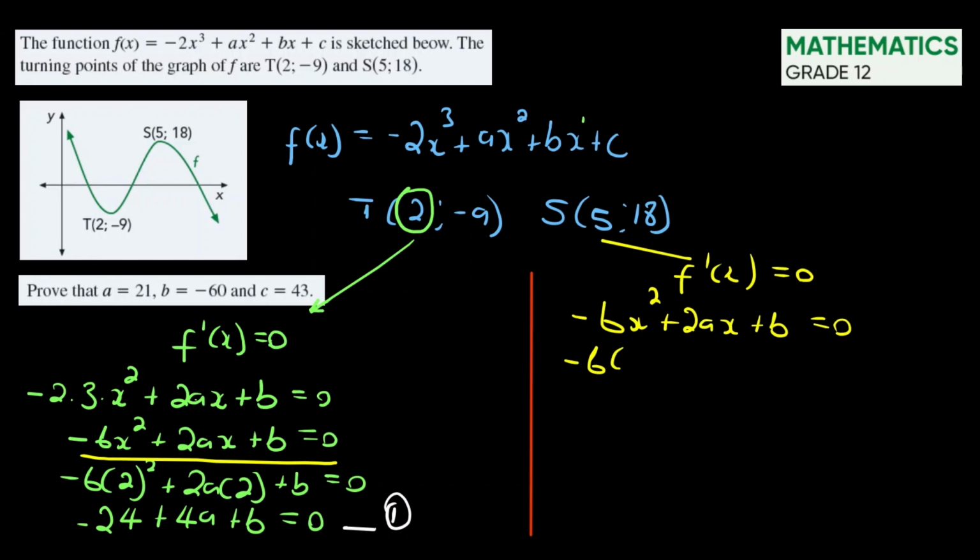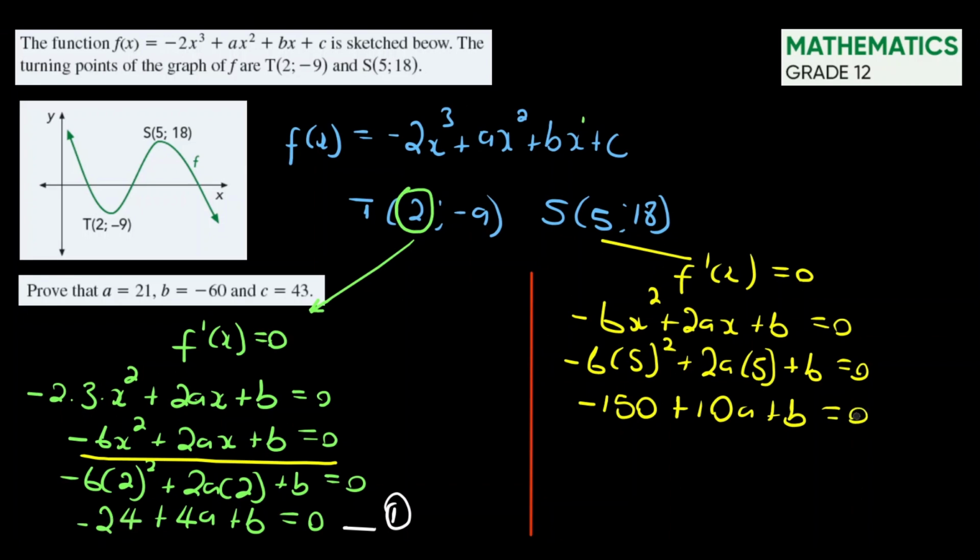We have negative 6 times 5 squared plus 2a times 5 plus b equals 0. So negative 6 times 25 should give us negative 150, plus 10a, 2 times 5 is 10a, plus b, equals 0. This will be our equation 2.